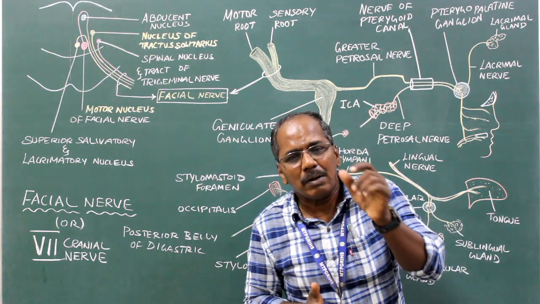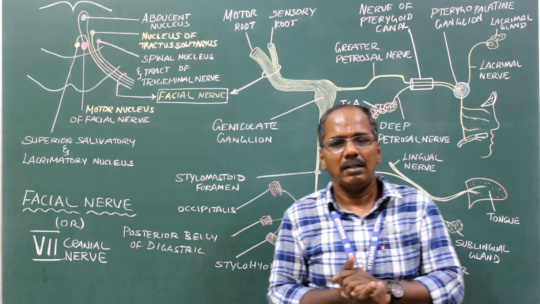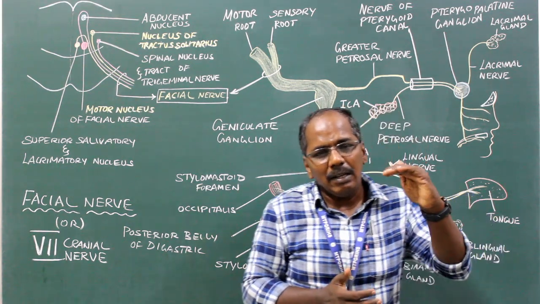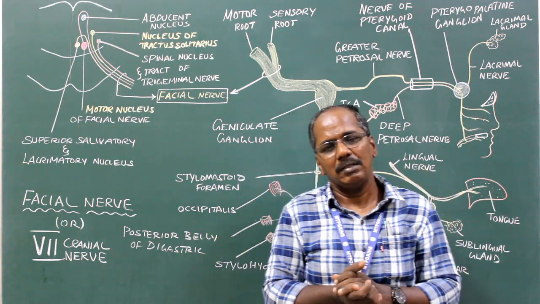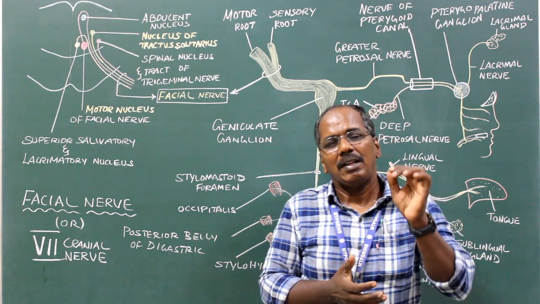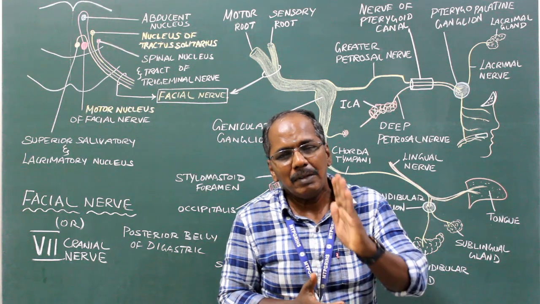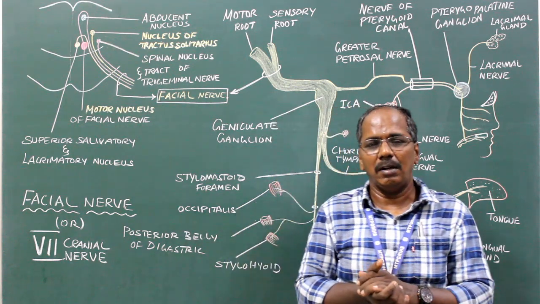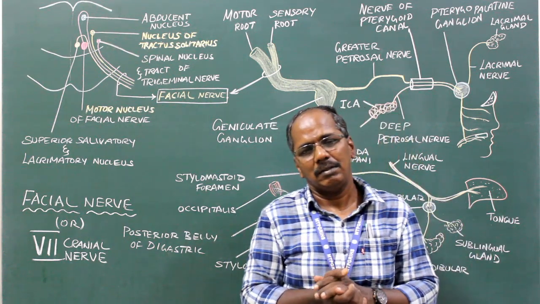The tympanic part of the facial canal runs horizontally backwards till the junction of the medial and posterior wall of the middle ear.